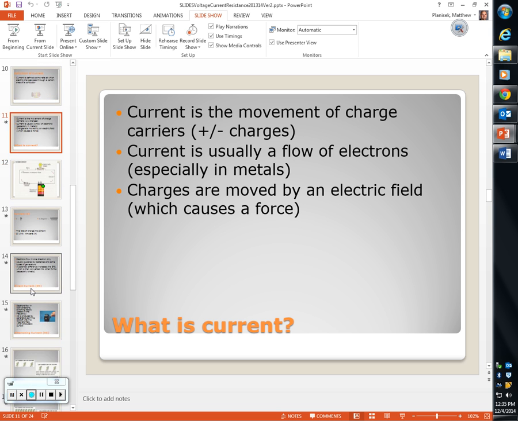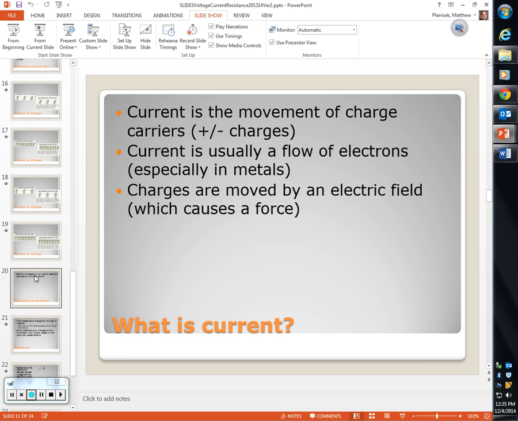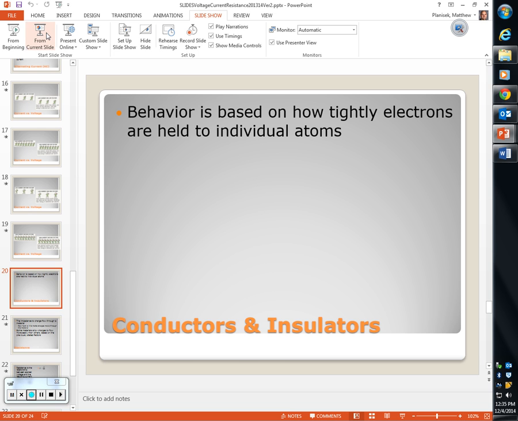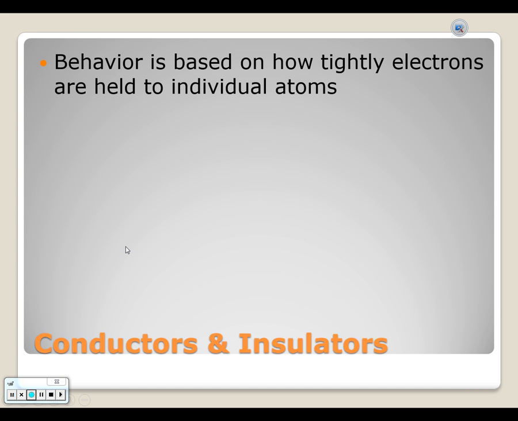There is one more part to this story. And it starts here. Back in the first outline that we talked about in this section, we talked about conductors and insulators. And we talked about the idea that certain atoms hold on to electrons more strongly than other atoms. What kind of electrons are we talking about specifically? Valence electrons.